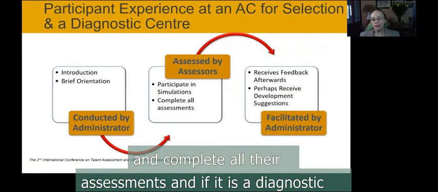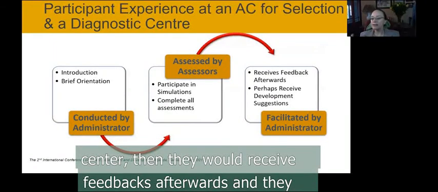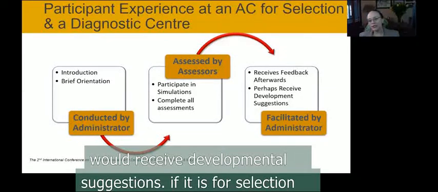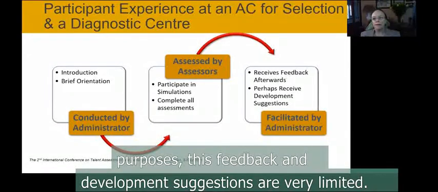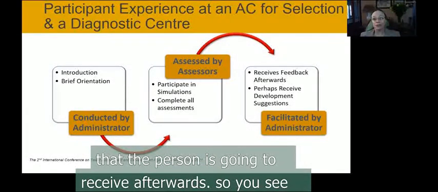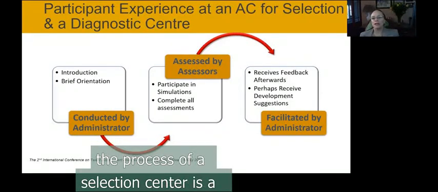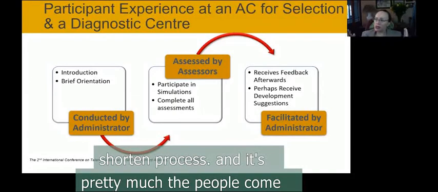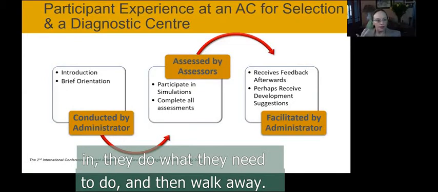And if it is a diagnostic center, then they would receive feedback afterwards and they would receive developmental suggestions. If it is for selection purposes, this feedback and development suggestions are very limited. So you see the process of a selection center and a diagnostic center is a shortened process, and it's pretty much the people come in, they do what they need to do, and they walk away.